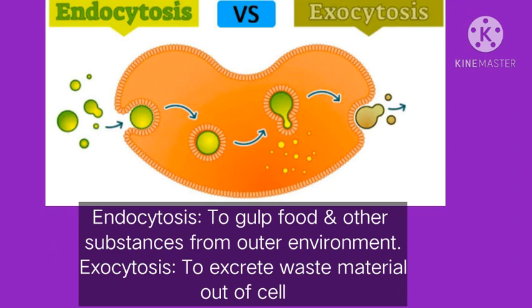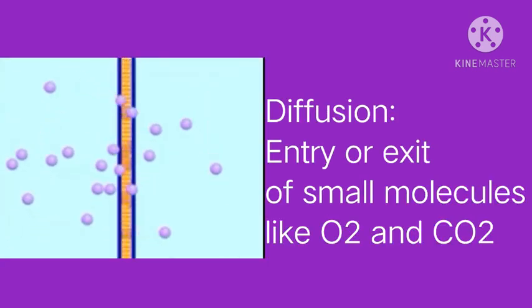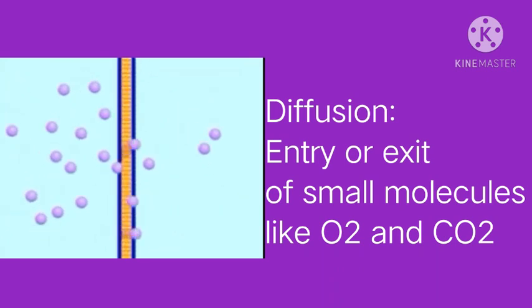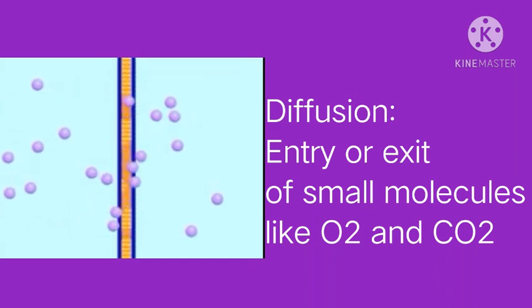Second one, exocytosis, to excrete waste materials out of the cell. Processes that do not consume cellular energy, means they do not need energy: first one, diffusion, entry or exit of small molecules like oxygen, carbon dioxide.